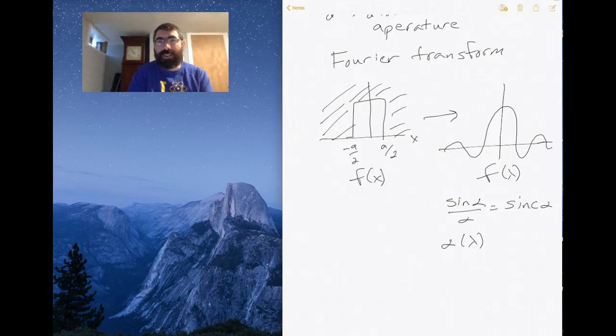The same thing happens here, except that because we're dealing with circles and not rectangles, we get a factor of 1.22 in front of the diffraction equation.